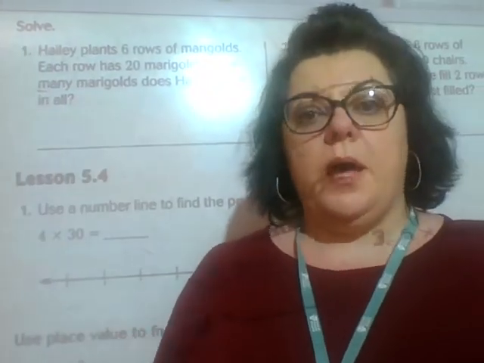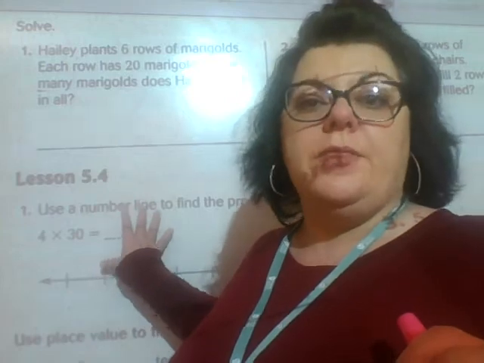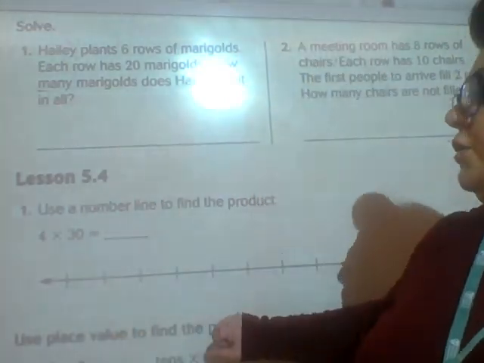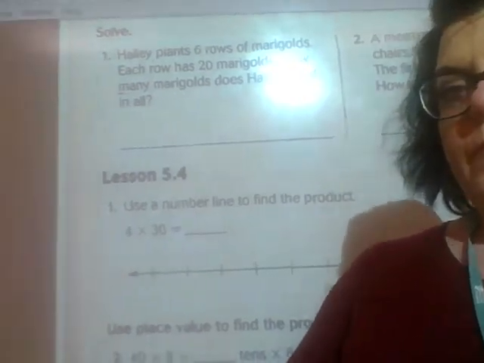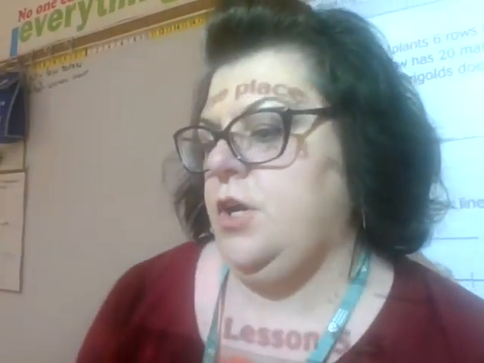So I'm going to do one on the board that is not a problem on this piece of paper, which you don't have anyway. So I am going to move my camera over to this side a little bit where you can see this part of my board.